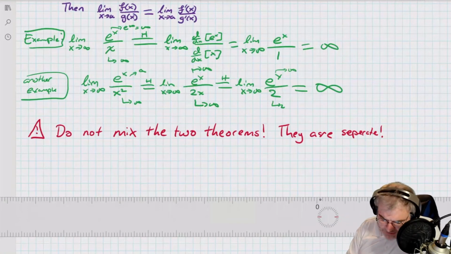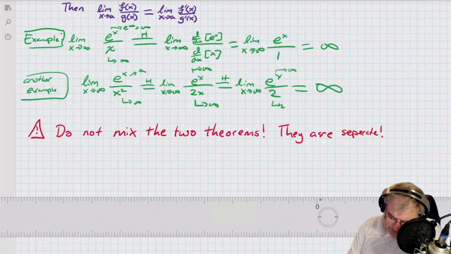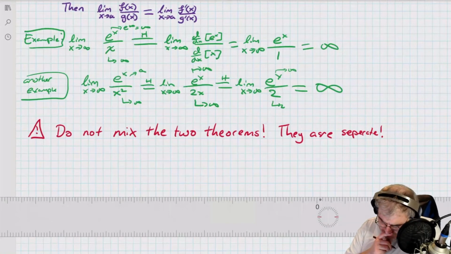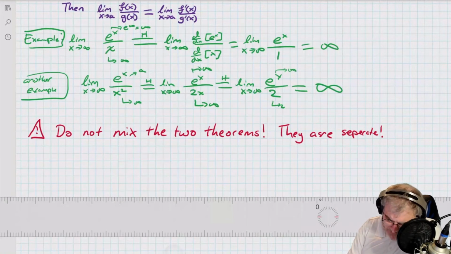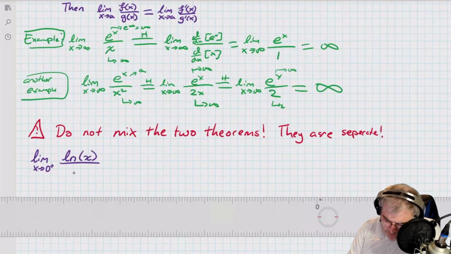Don't mix and match. They're separate things. So let's say I've got the limit, oh, let's do something that goes to infinity at the top. Let's say I have the limit as x goes to 0 plus of ln of x over x.